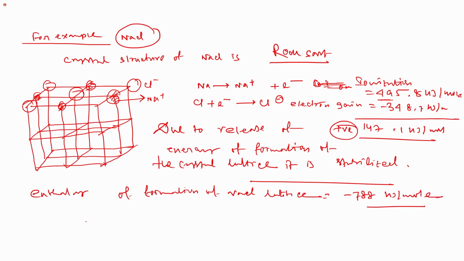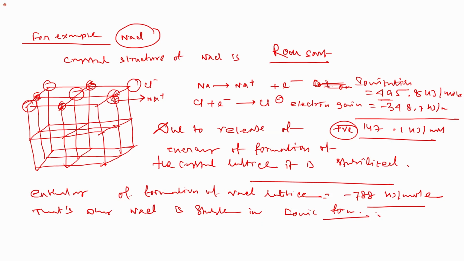That's why NaCl is stable in ionic form.